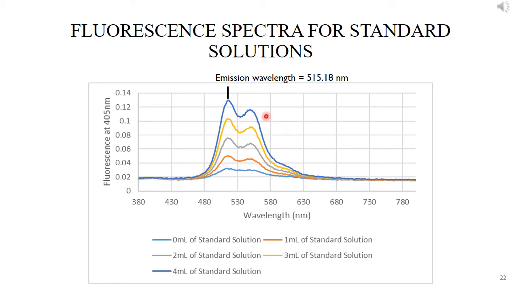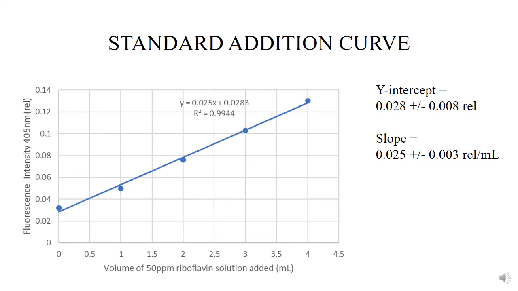By analyzing the curve for the solution with highest concentration, which was the one with 4 milliliters of the standard solution, the emission wavelength was found to be at 515.18 nanometers. So, for the standard addition curve, the fluorescence spectra intensity graphed here was the fluorescence intensity at 515.18 nanometers. As expected, the graph is a linear curve.